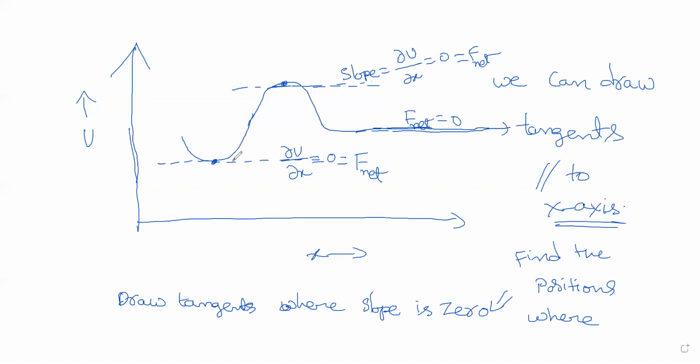Now, I told you what a stable equilibrium is. This is the minimum of the curve, so this is stable equilibrium. This is the maximum of the curve, but I still get the slope of the tangent equal to zero, so this is unstable equilibrium.